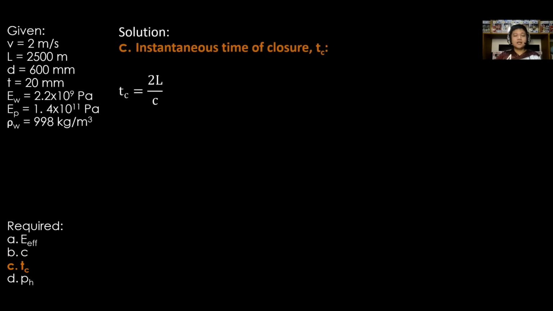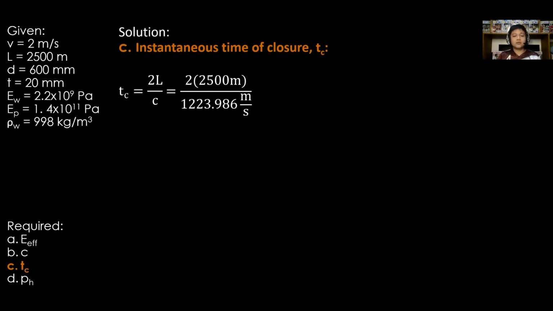And for the instantaneous time of closure, or T sub C, modifying our equation, T sub C is equal to 2 times L all over C. So 2 times the total distance traveled, from the valve towards the source and back. We will consider 2,500 meters.